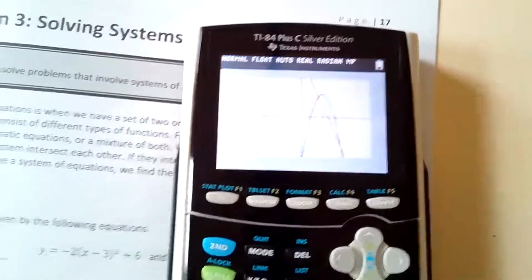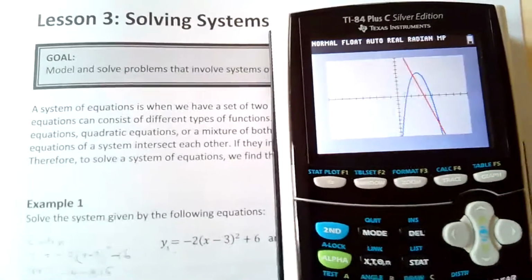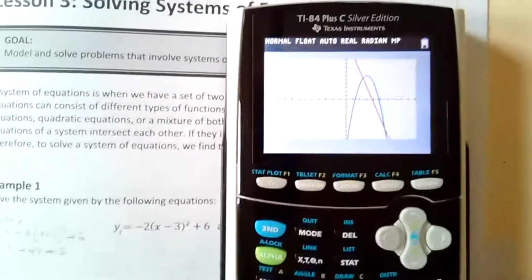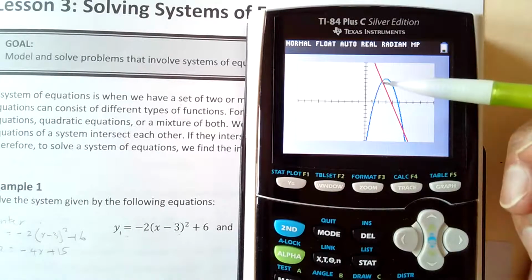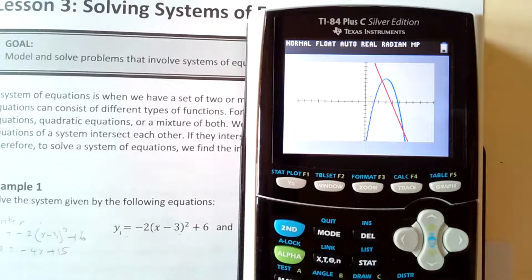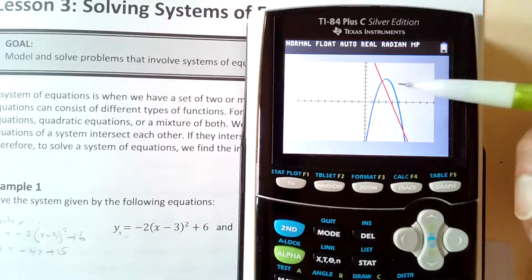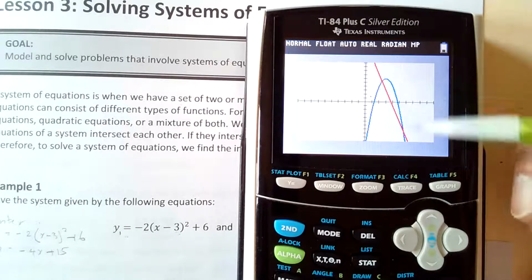As you can see from the graphing calculator, these two functions meet at two different points. So when we say solving a system of equations, we're asking, what are these two points?